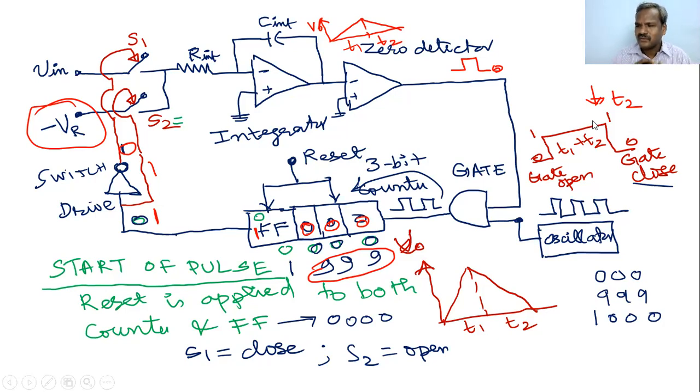The zero detector finds the output is 0, so the counter is stopped. If you have a latch, it holds both the positive duration count and the negative duration count. If we use this for a 3.5 digit digital voltmeter, during the first integration cycle it holds 1000 counts, and during the second deintegration phase there is another 1000 counts.